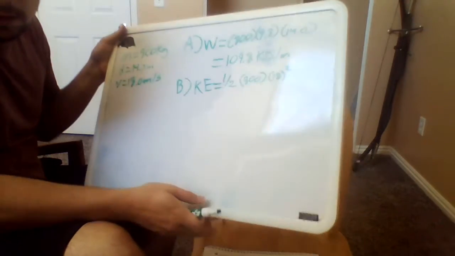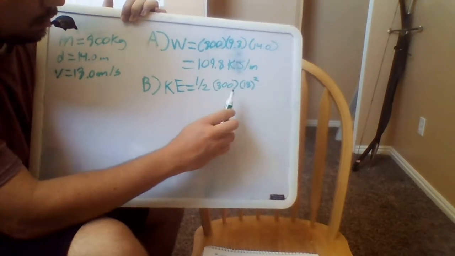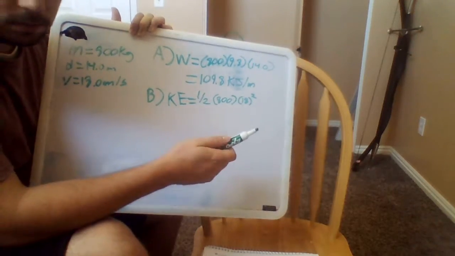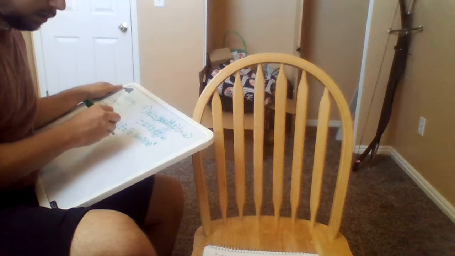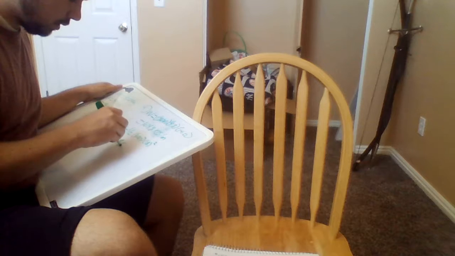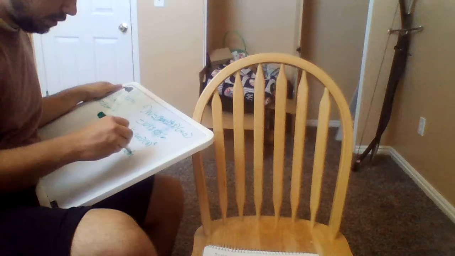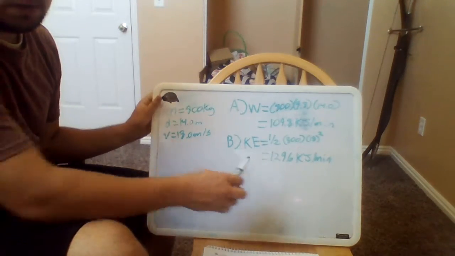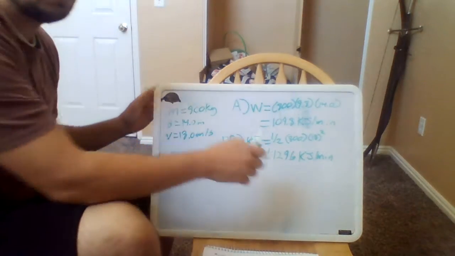So kinetic energy is 1/2 our 800 times our velocity squared. And that comes out to 129.6 kilojoules per minute. I should write minute. Just show that for you. We get 129.6 kilojoules per minute for the kinetic energy.